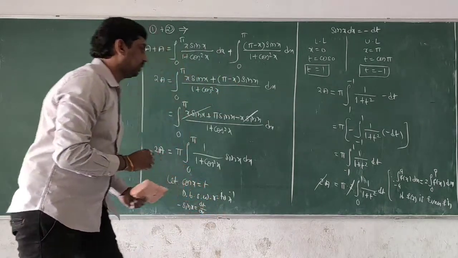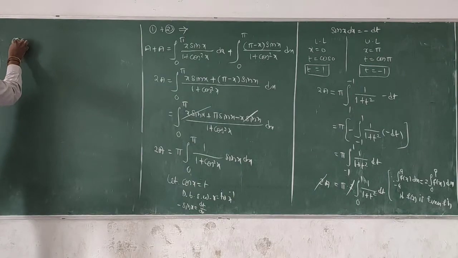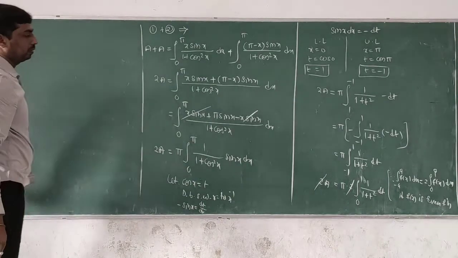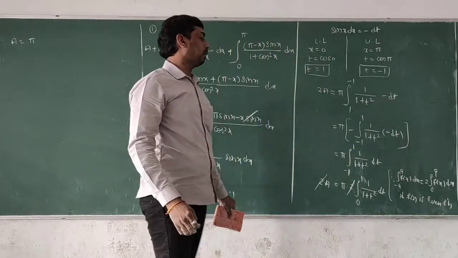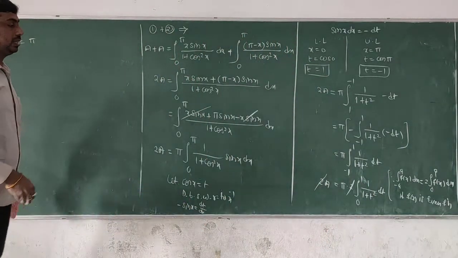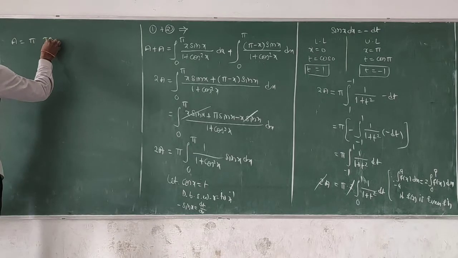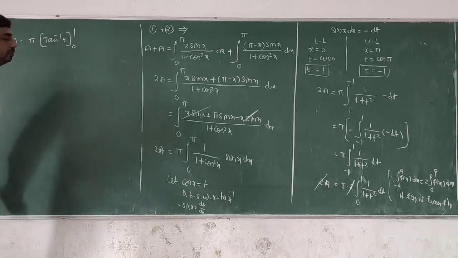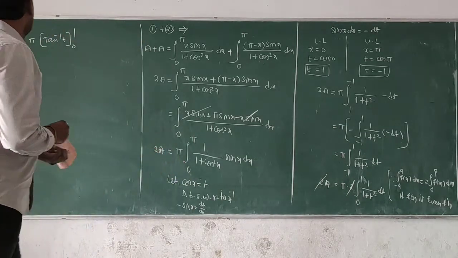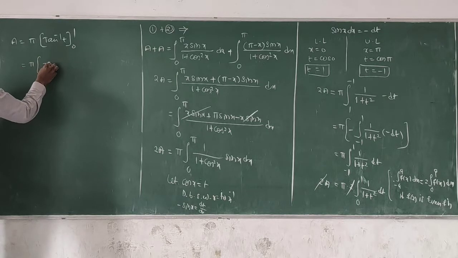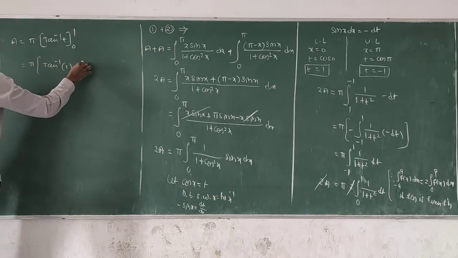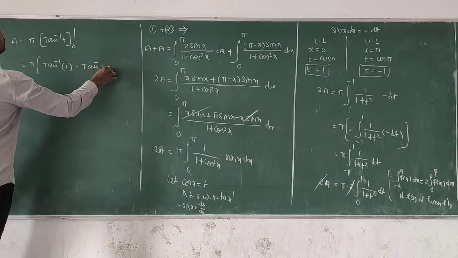So a equal to pi into the integration from 0 to 1 of 1 by 1 plus t square. The integral of 1 by 1 plus x square dx is tan inverse x. Here it is tan inverse t within the limits 0 to 1. So pi into, substituting the upper limit, tan inverse 1 minus tan inverse of 0.